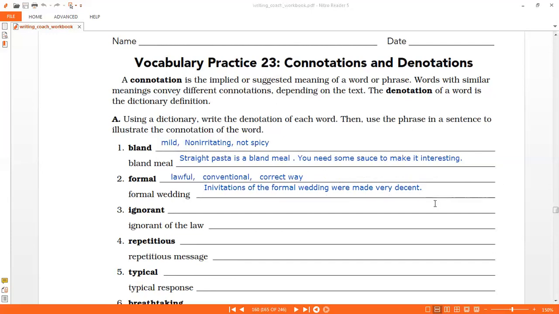Now here, invitations of a formal wedding were made very decent, because since the wedding is decent, so the invitations would be decent as well. Something which is not friendly, not casual. Formal is very elegant and very lawful, according to the norms, and very decent.